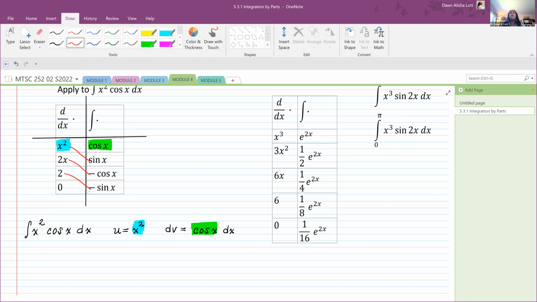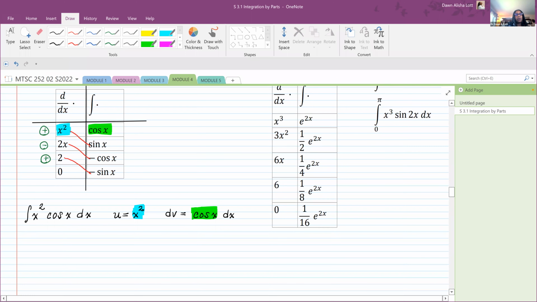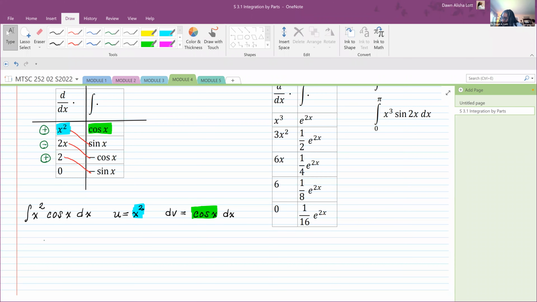Okay, the last part. They alternate in sign. So this one is plus, this one is negative, this one is positive. All right, so we're ready. So the integral, leave it green, of x squared cosine of x dx is going to be positive x squared times the sine of x.